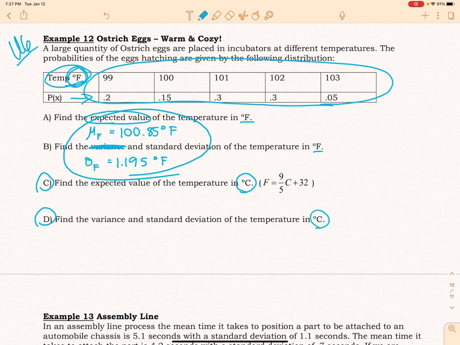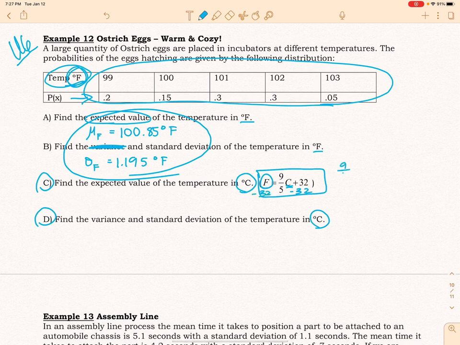And I don't expect you to remember that formula, but I have given it to you right here. This is how we transform from Celsius to Fahrenheit and vice versa. Since I want it in Celsius and this equation is set up for Fahrenheit, I am going to solve this equation for Celsius so that we know how to do this. So I'm just going to explain that to you. I'm subtracting 32 from both sides.